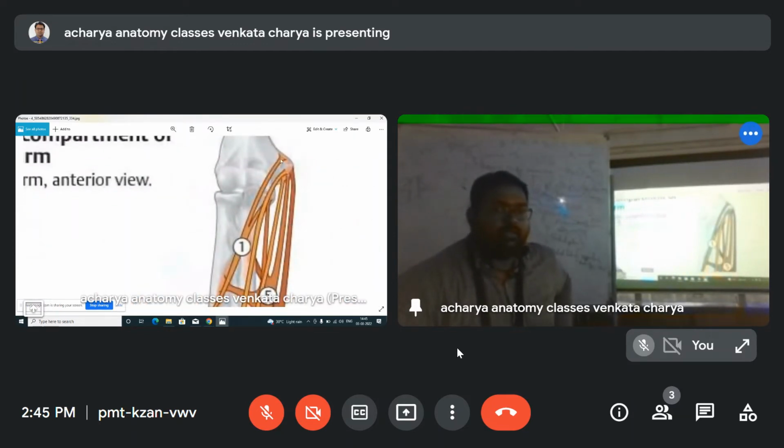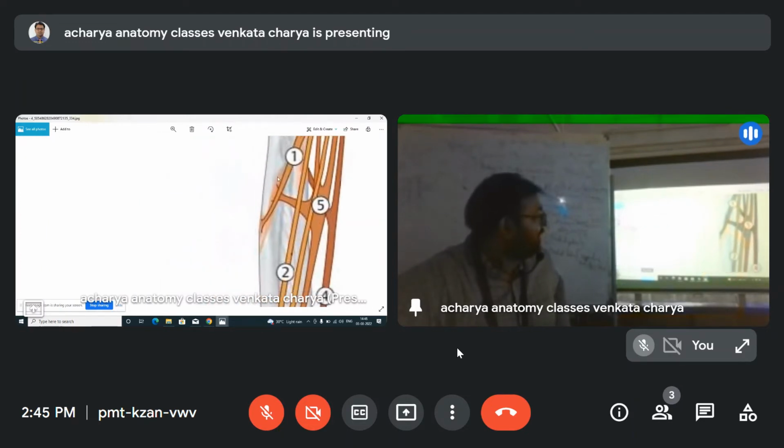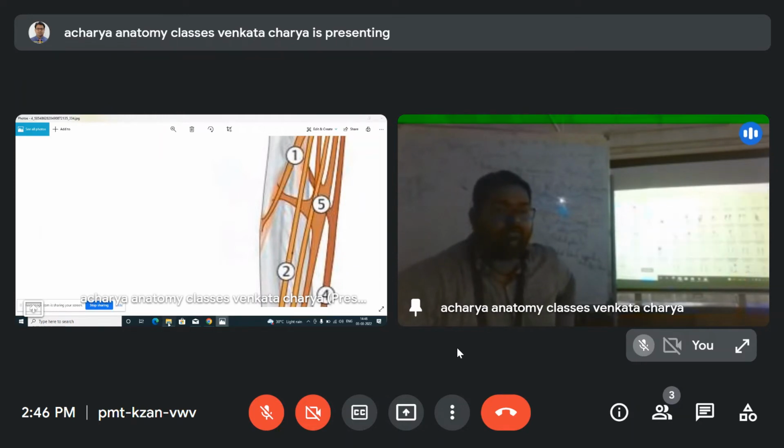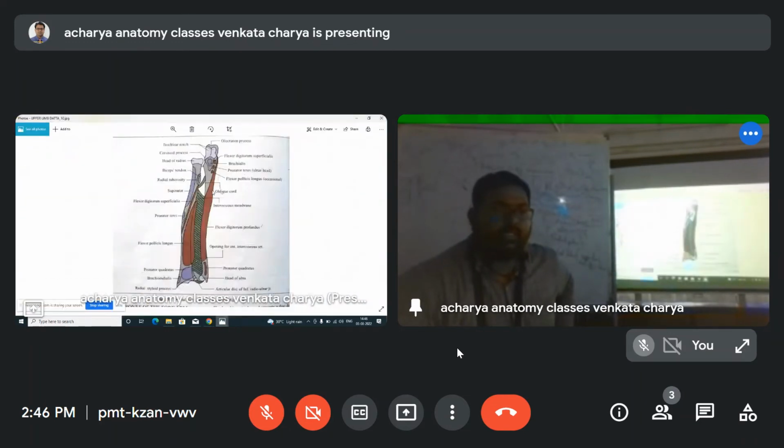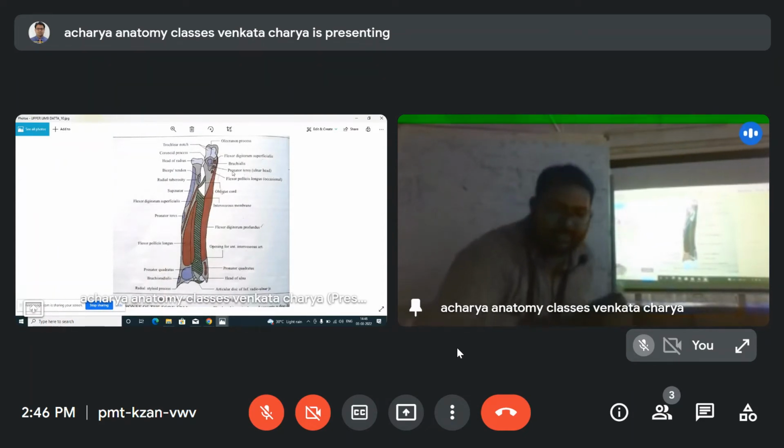Number 1 is the humeral head, and this one is the ulnar head. So there are 2 heads: one is the humeral head, another is the ulnar head. Then it runs downwards, finally inserted into the lateral surface of the shaft of the radius. Are you getting? Yes. Here you see pronator teres ulnar head.